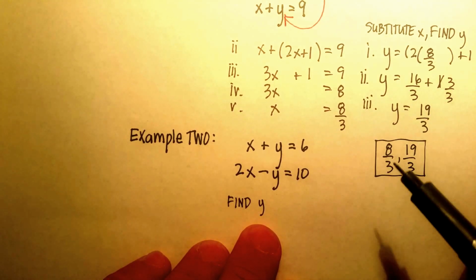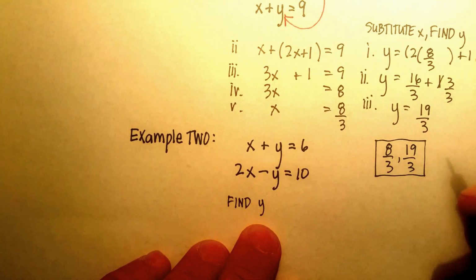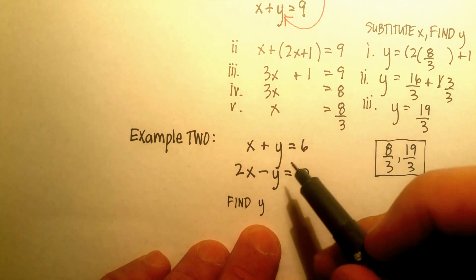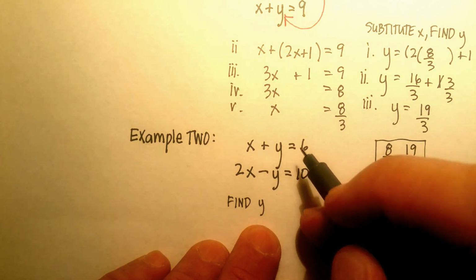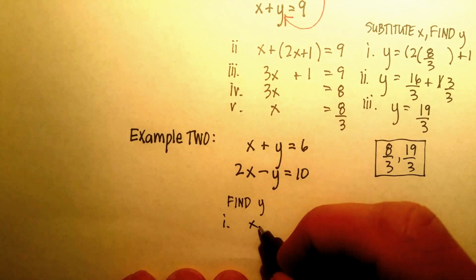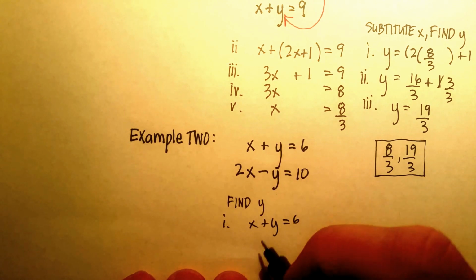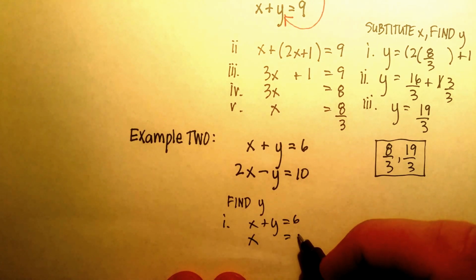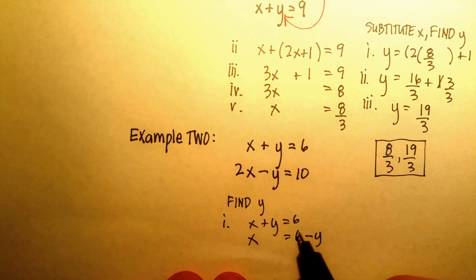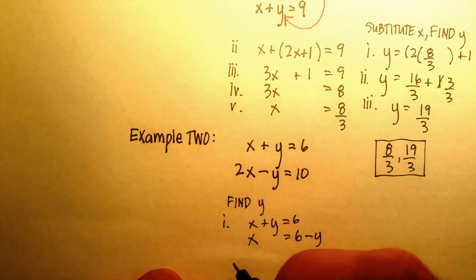So if we want to find y first, okay, we have to go ahead and find the x's. So let's just say x is equal to, let's take that first equation, x plus y equals 6, and let's just say x is equal to 6 minus y. We just subtracted y from both sides, didn't we?